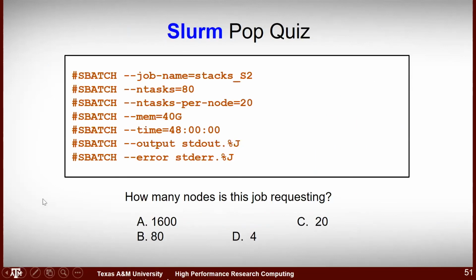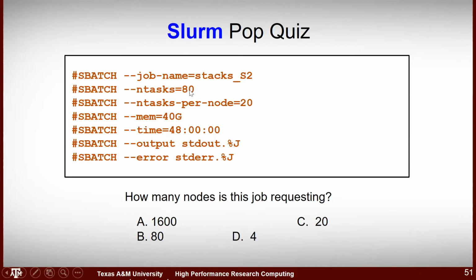So here's a quiz. If these were the sbatch commands for a job, how many nodes is this job requesting? Does anyone remember how to compute nodes? Does anybody think that the answer is D, 4? I don't know why C is over there, don't ask. So how did you compute 4? 80 divided by 20.